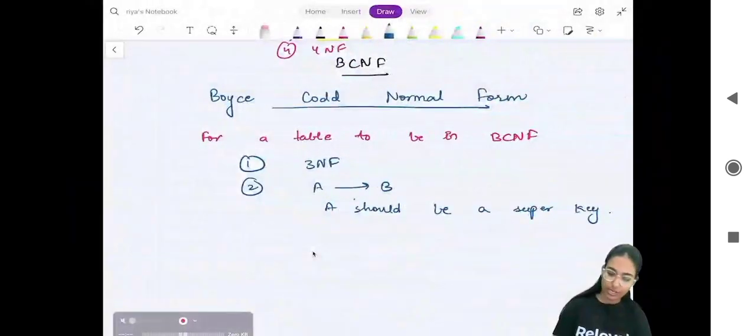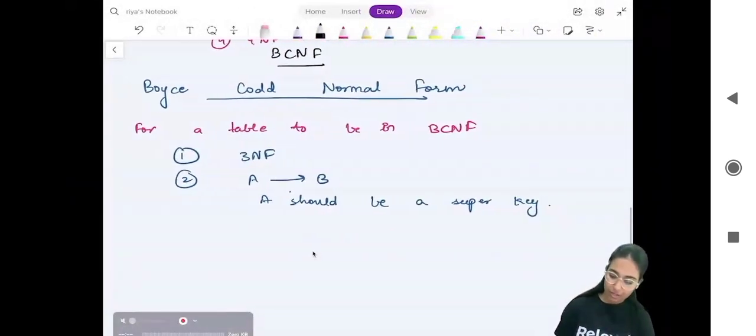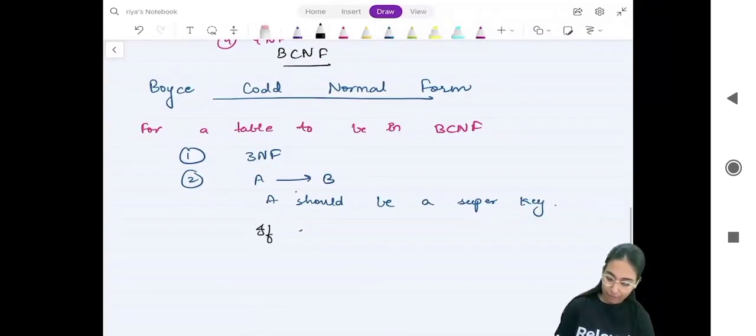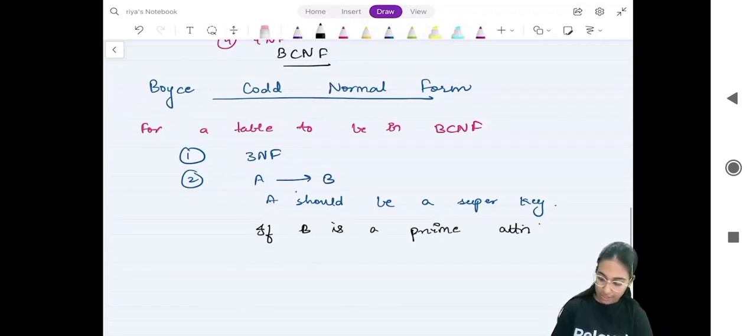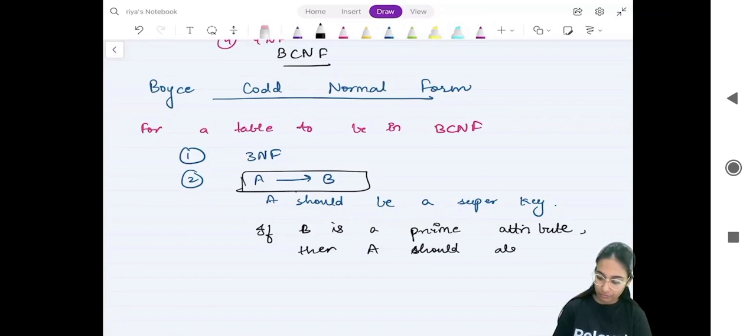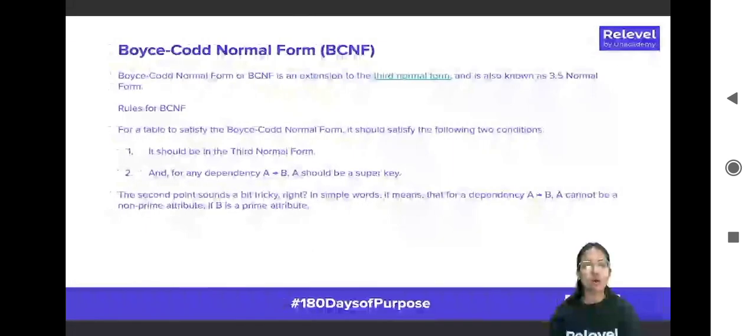Here it says that if B is a prime attribute in this dependency of A to B, then A should also be a prime attribute. That is what it really means.